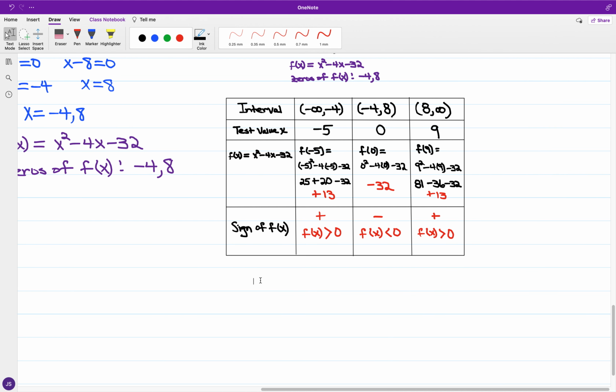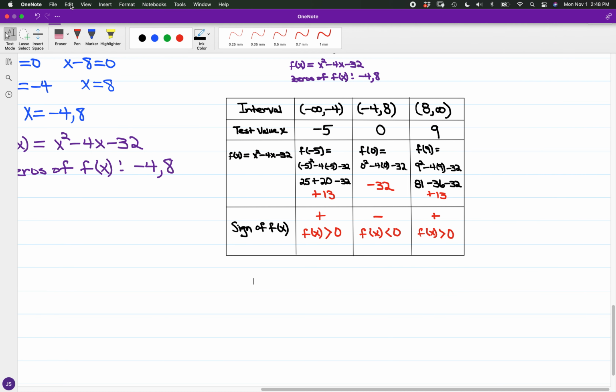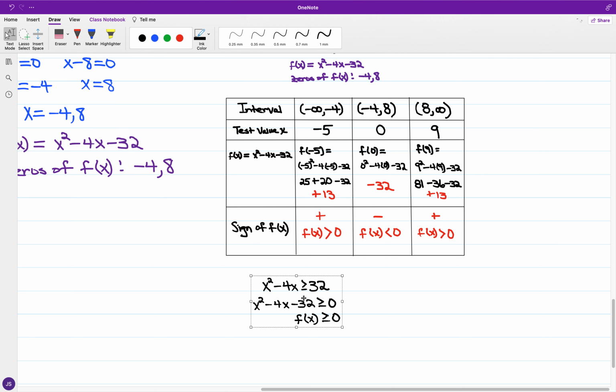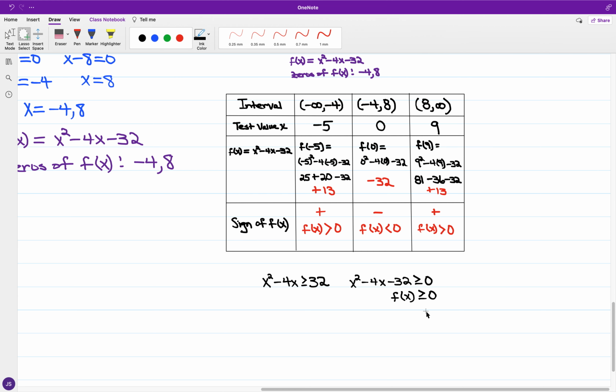So just duplicating. Okay, so we got this inequality. And just for the progression, you had x squared minus 4x is greater than or equal to 32.